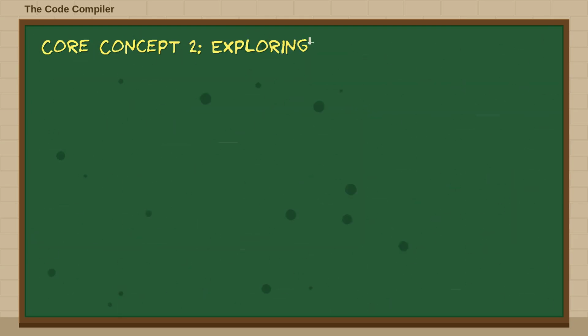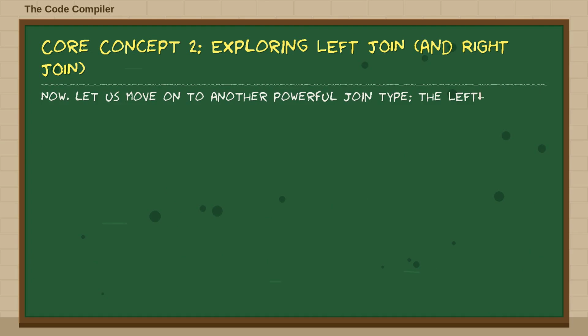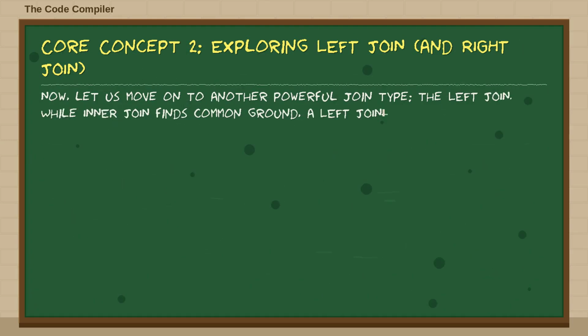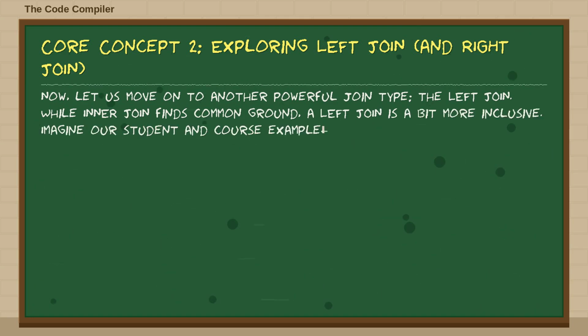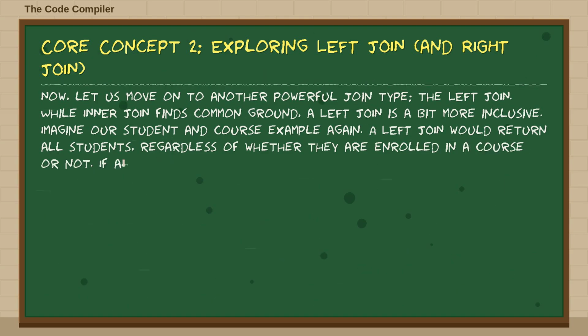Now, let us move on to another powerful join type, the left join. While inner join finds common ground, a left join is a bit more inclusive. Imagine our student and course example again. A left join would return all students, regardless of whether they are enrolled in a course or not.